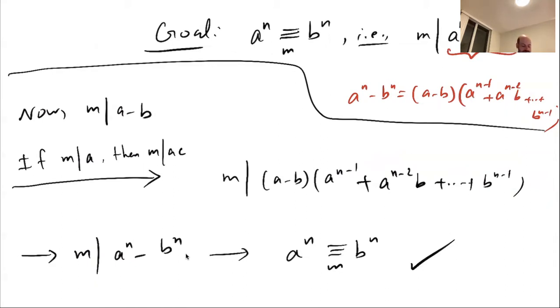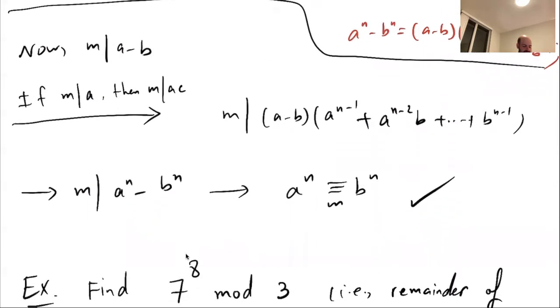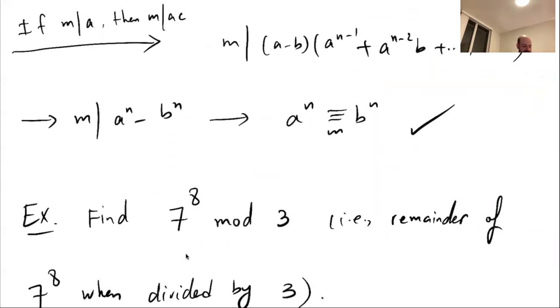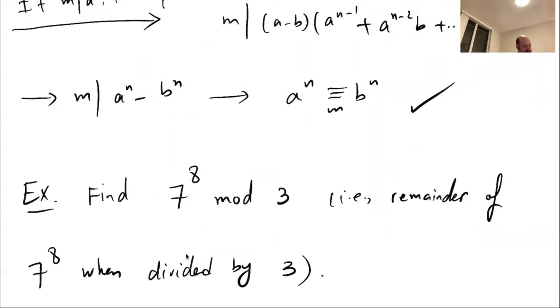Now, you will see that there are interesting examples for this property. So one example is: find 7 to power 8 mod 3. A mod m, we said, is a notation that your book uses to denote the remainder of 7 to power 8 when divided by 3.